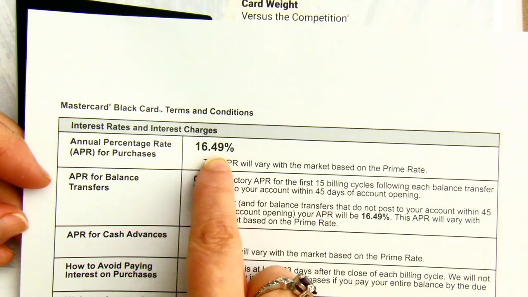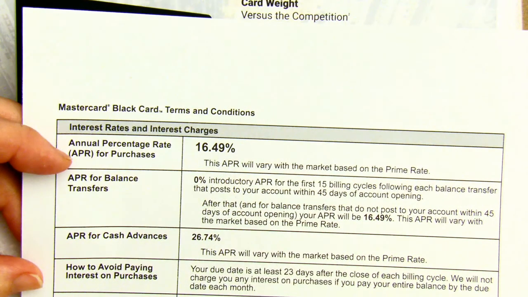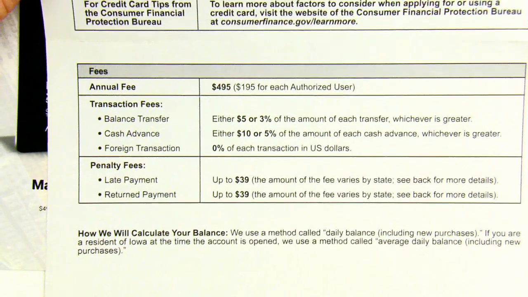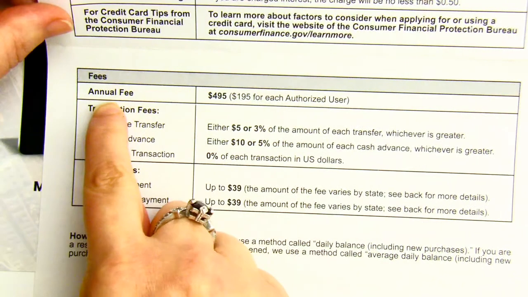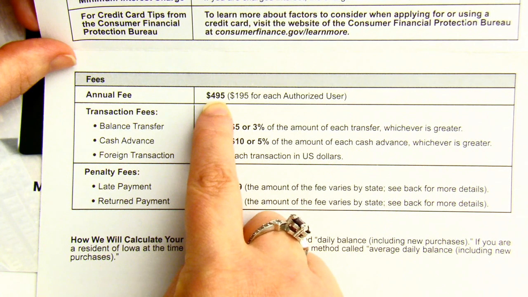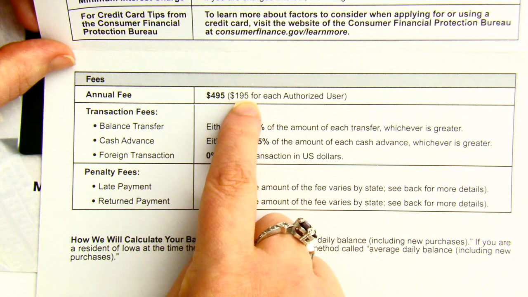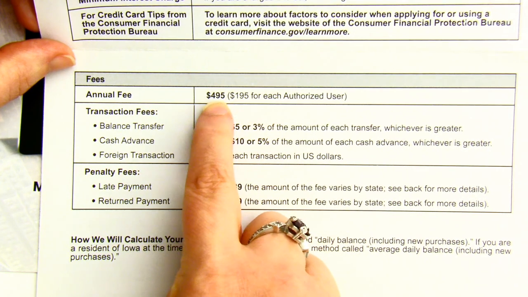16.49, well, that's better than 24.99. But be careful because some of these cards have an annual fee. And this annual fee is $495. Plus, if you have other people that are authorized users on the card, you're paying an additional $195 for them. So this is something you would have to pay just for having the card.